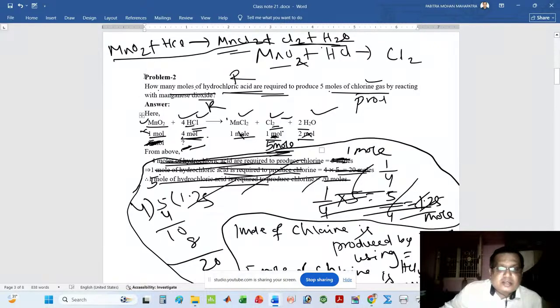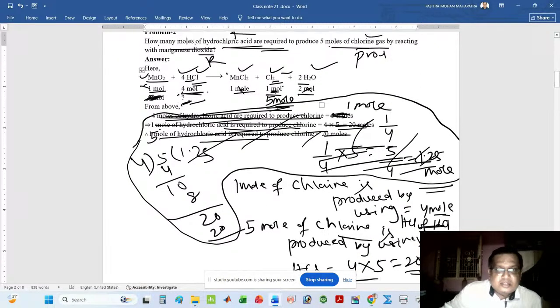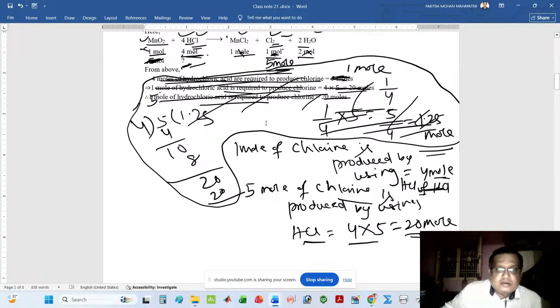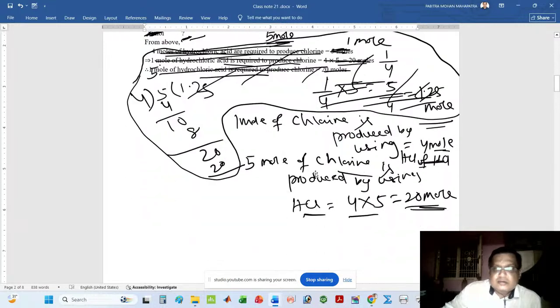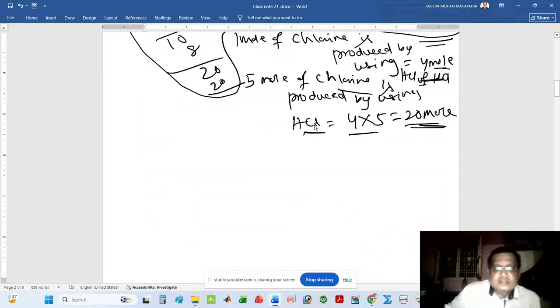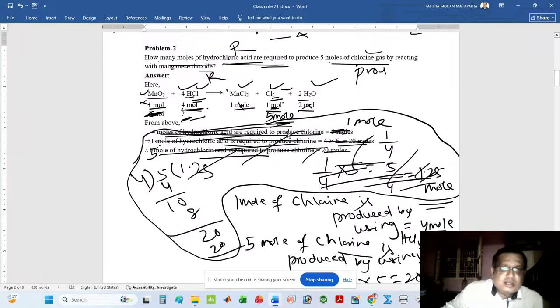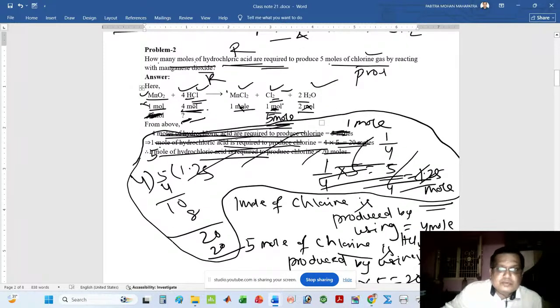So in the upcoming class, I will repeat this and correct it. Till now, I have already given the correct answer, so you see the answer. If you do not understand, in the next class I will repeat this problem.